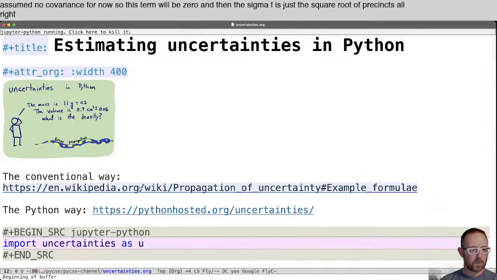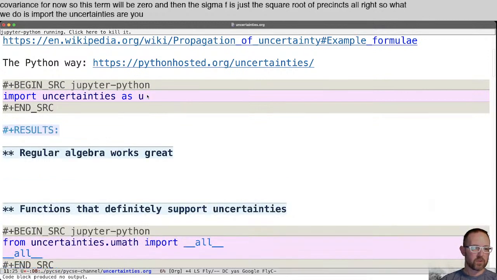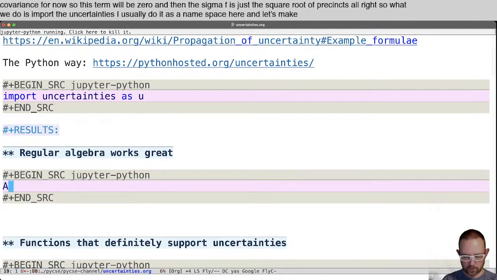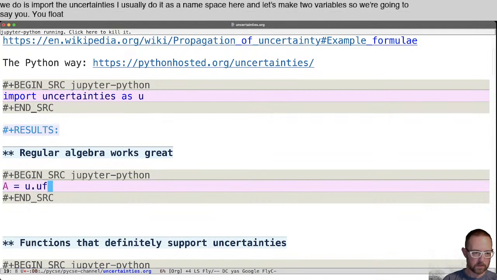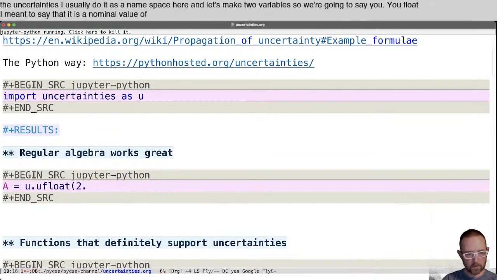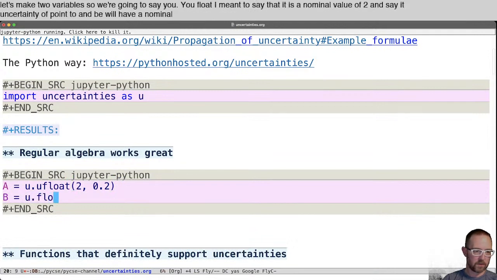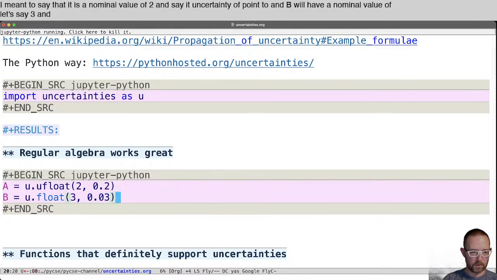All right, so what we do is import the uncertainties. I usually do it as a namespace here. And let's make two variables. So we're going to say u.ufloat and say that it is a nominal value of 2, and say an uncertainty of 0.2, and b will have a nominal value of, let's say 3, and 0.03 as the uncertainty.